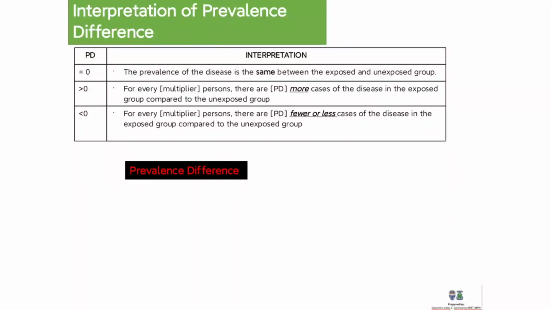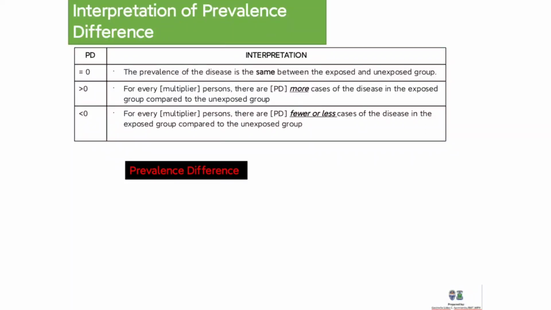However, there are few times na makukuha mong computed value mo sa prevalence difference would be negative value. So, pag ganun ba, ang sasagutin mo dito for example, for every 1,000 persons, there are negative 3 fewer or less cases of disease in it.